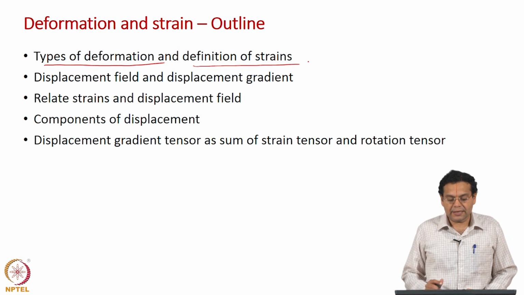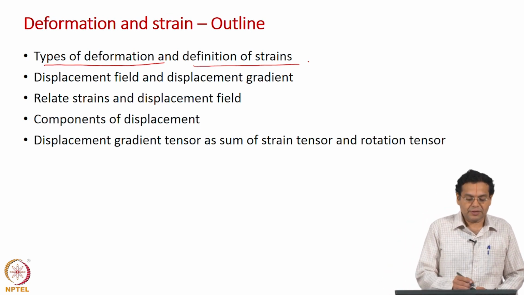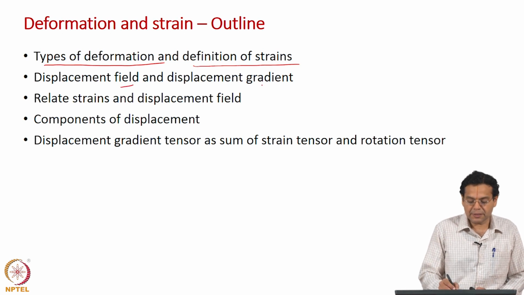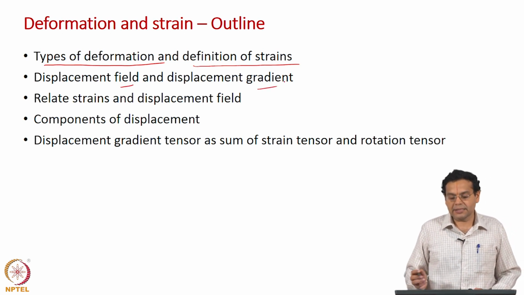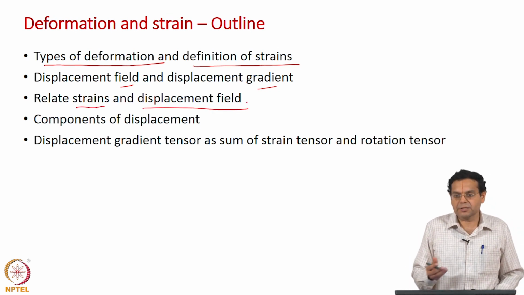And we found that they are related to the displacement field. So, we discussed displacement field, displacement gradient, 1D, 2D and then 3D. Then we related the strains to the displacement field in terms of displacement gradient.